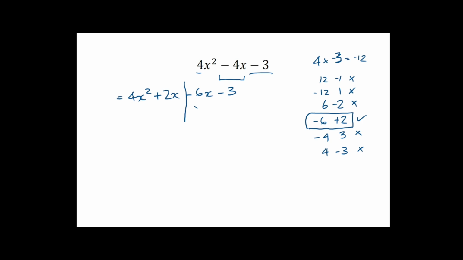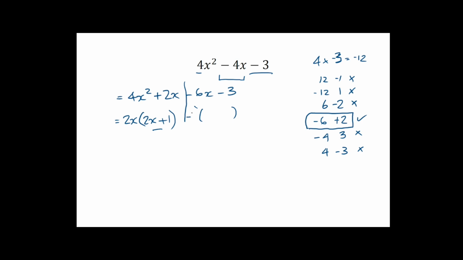So is there anything common in these first two terms? Yep, 2x is common. So 2x times what gives us 4x squared? Well, it's 2x. So 2x times what gives us 2x? Well, it's 1. Okay, so we suspect we're going to have the same thing as there, but let's make sure. Is there a common term here between both of these?